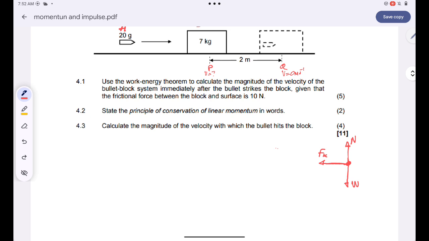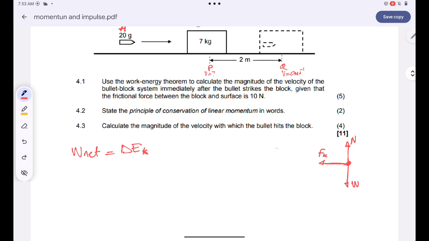So if we're going to use the work energy theorem to calculate the magnitude of the velocity of the bullet block system immediately after collision, we're just going to say work net is equal to the change in kinetic energy. Remember that the work energy theorem states that the net work done on an object is equal to its change in kinetic energy.